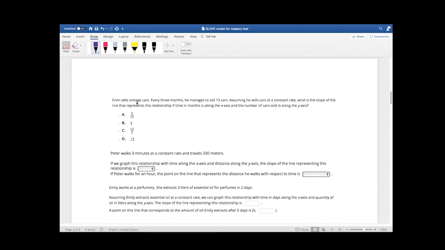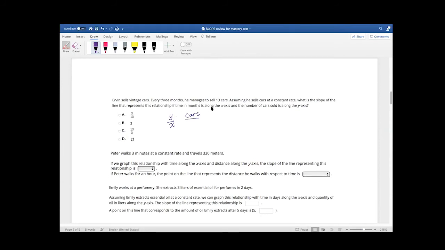Irvin sells vintage cars. Every 3 months, he manages to sell 13 cars. Assuming he sells the cars at a constant rate, what is the slope of a line that represents this relationship if time in months is along the x and the number of cars is along the y? So take a look. Our y over x. Y is representing cars.